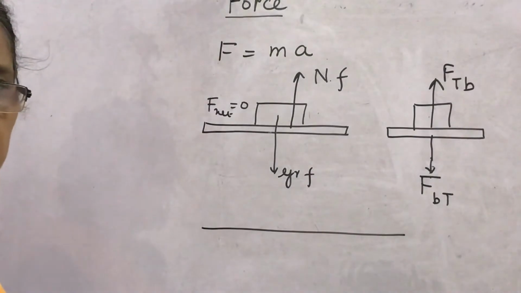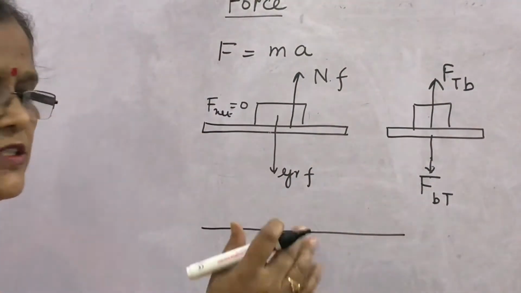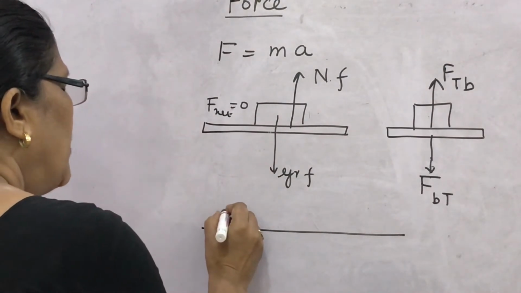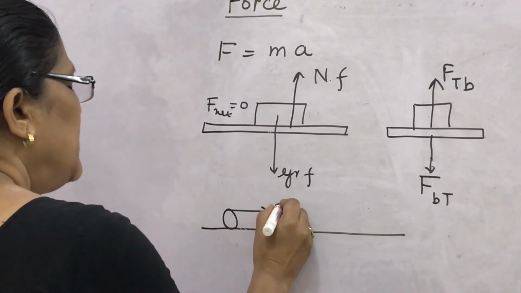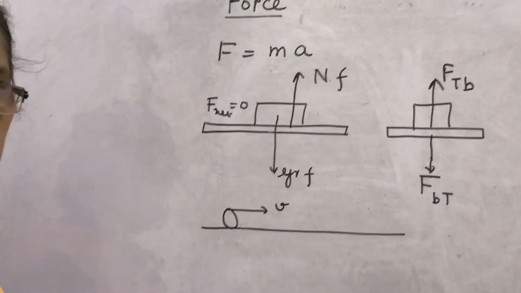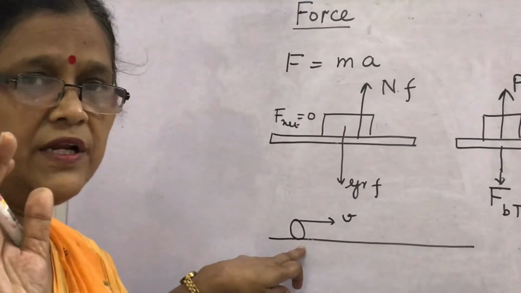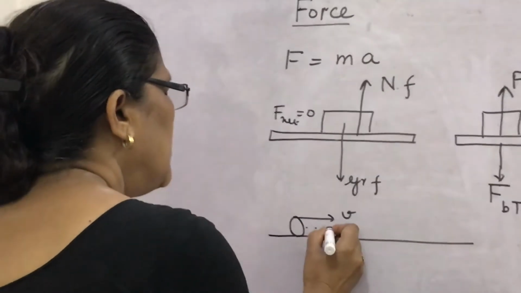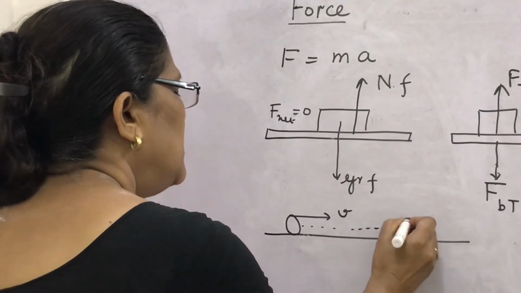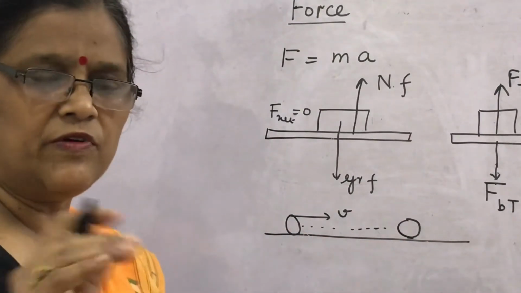Also, suppose this is a frictionless surface and air resistance is negligible, and a ball is moving continuously with velocity v on this surface. Can you tell if any force is acting on it? The ball is coming with the same velocity and covering a certain distance on the same surface with the same velocity.